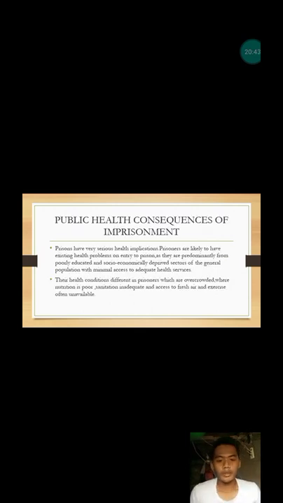Public health consequences of imprisonment. Prisons have very serious health implications. Prisoners are likely to have existing health problems on entry to prison, as they are predominantly from poorly educated and socio-economically deprived sectors of the general population with minimal access to adequate health services. Their health conditions worsen in prisons which are overcrowded, where nutrition is poor, sanitation inadequate, and access to fresh air and exercise often unavailable.